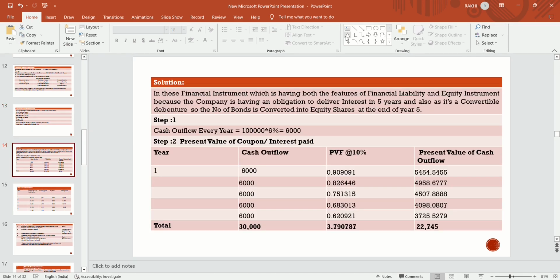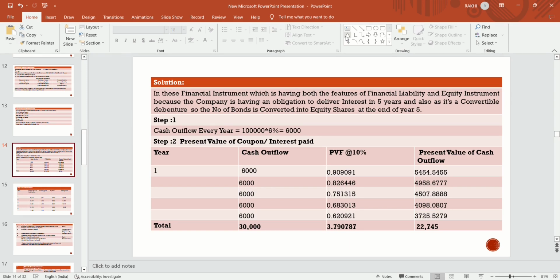Solution: this financial instrument has both the features of a financial liability and an equity instrument, because the company has an obligation to deliver interest over 5 years, because the coupon is to be paid every year. The company needs to pay a 6% coupon every year.